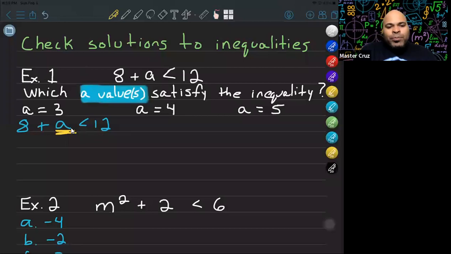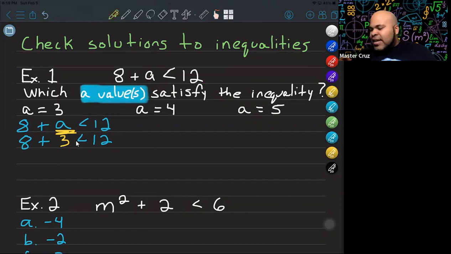So I rewrote the problem down here, but instead of writing a, I'm going to write 8 plus 3 is less than 12. And I'm going to simplify and check if I get a true statement. So how much is 8 plus 3? Well, 8 plus 3 is 11.